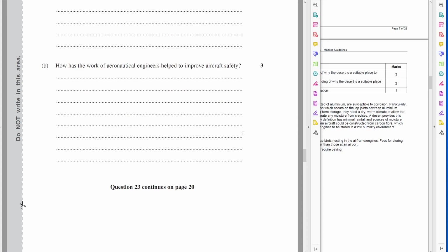So the one that comes to mind is the redesign of windows, which has prevented failures by reducing the stress at the corners of windows. That would be an example. You could talk about providing more powerful engines, so planes can operate even when there's engine failure. By reducing complexity, we are less likely to have failure.